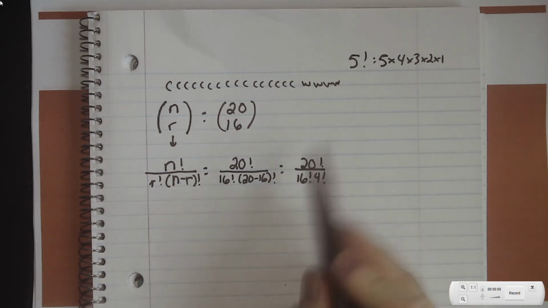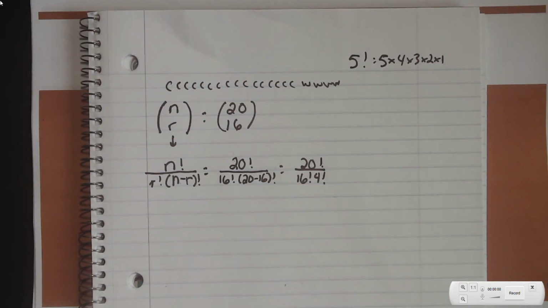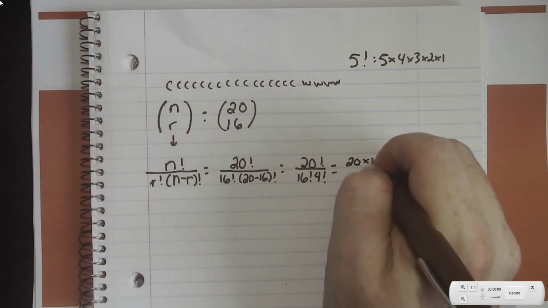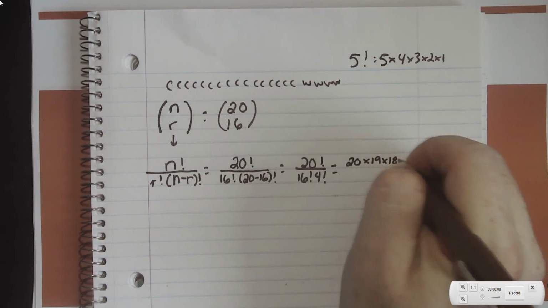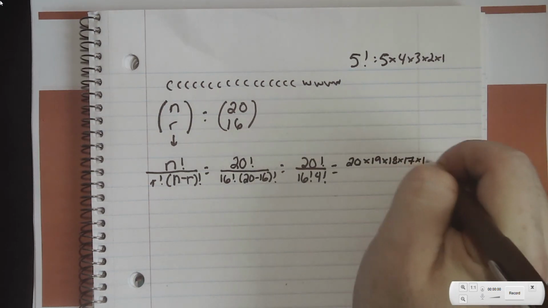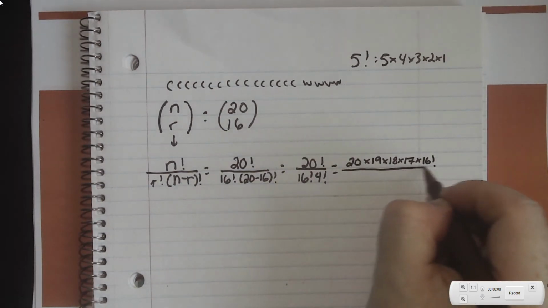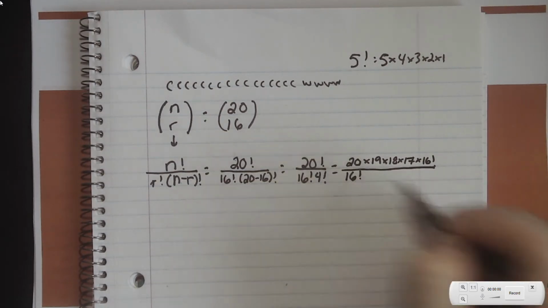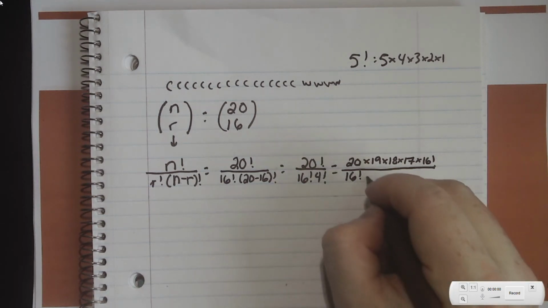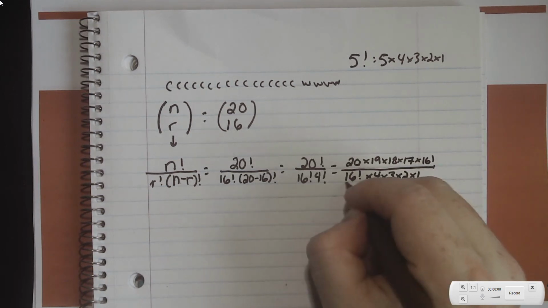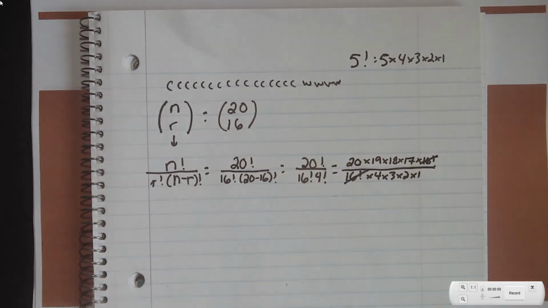So in this case, 20 factorial would be 20 times 19 times 18 times 17 all the way down to 1. Now, no one really wants to do all that work, so we can do 20 times 19 times 18 times 17 times 16 factorial. And I'm going to leave it there, because I'm going to cancel out 16 factorial down here, and then say times 4 times 3 times 2 times 1. So these two are going to cancel out with each other, and it's going to make my life a lot easier.